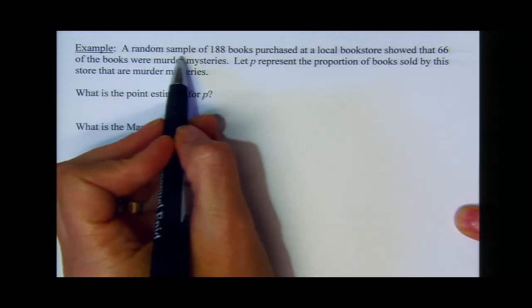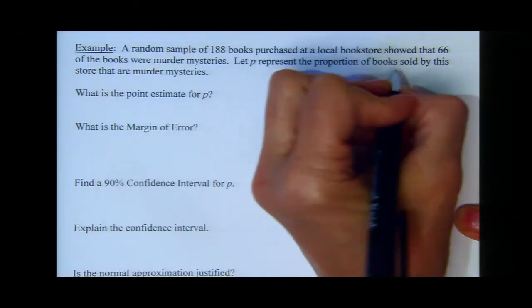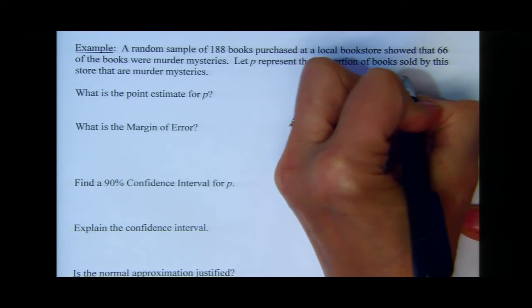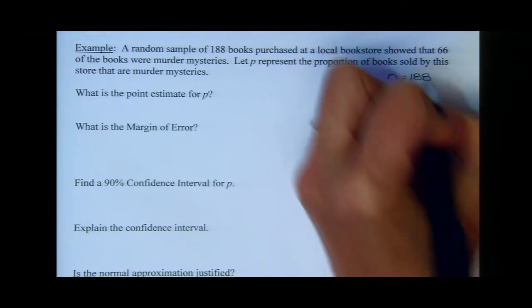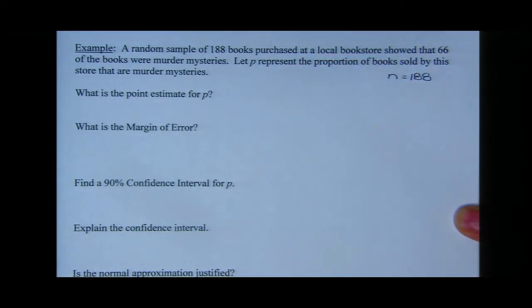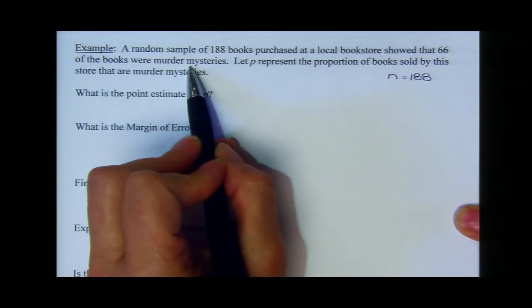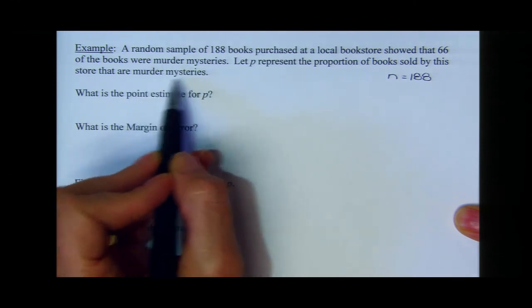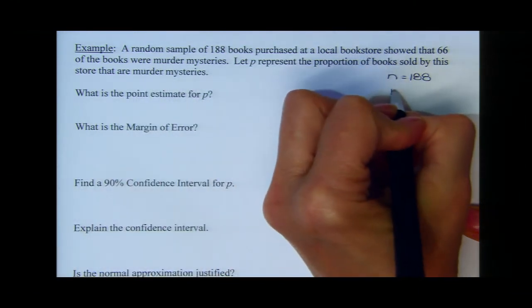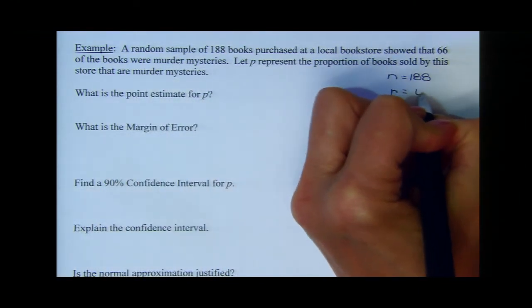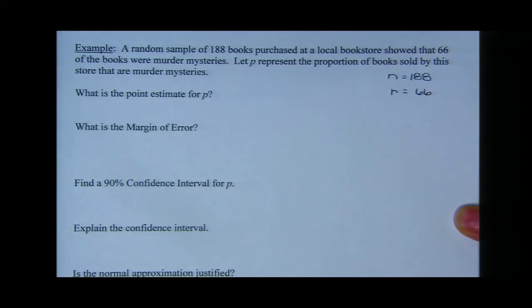So N equals 188. So that's your number of trials. And then 66 of these books were murder mysteries. Well, we're defining success as murder mysteries, so the number of successes, or R, is your 66.